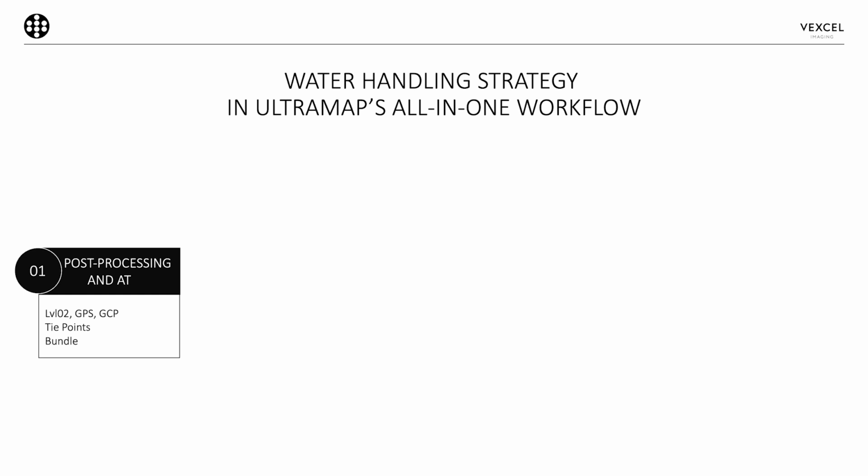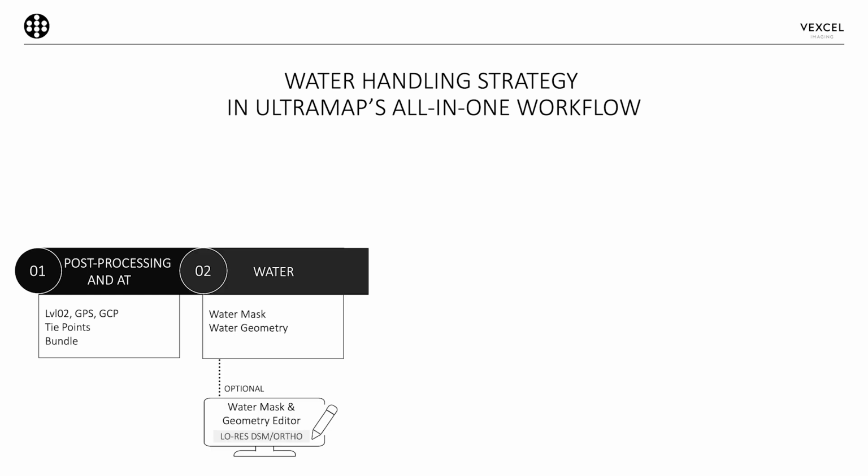And then based on that data, the project can be created automatically in UltraMap Studio. GPS data can be integrated, and ground control points can be used as well. Then tie points are extracted automatically, and all that information is then combined in a bundle adjustment to calculate precise exterior orientations for all the images.